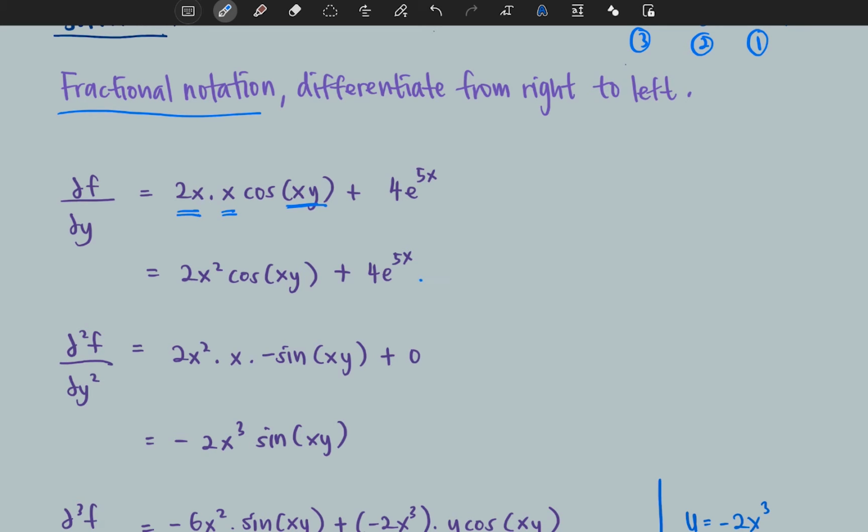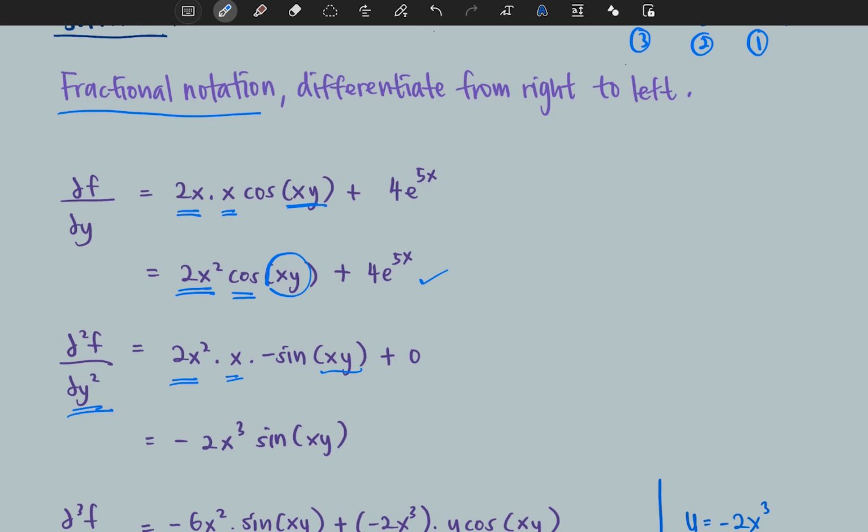Next, differentiate this one again with respect to y. Okay, so as you can see here, we assume every x as constant. So we have here 2x squared. Differentiate the angle, going to be x. And then differentiate cos is negative sin. Remember to rewrite the angle as xy.